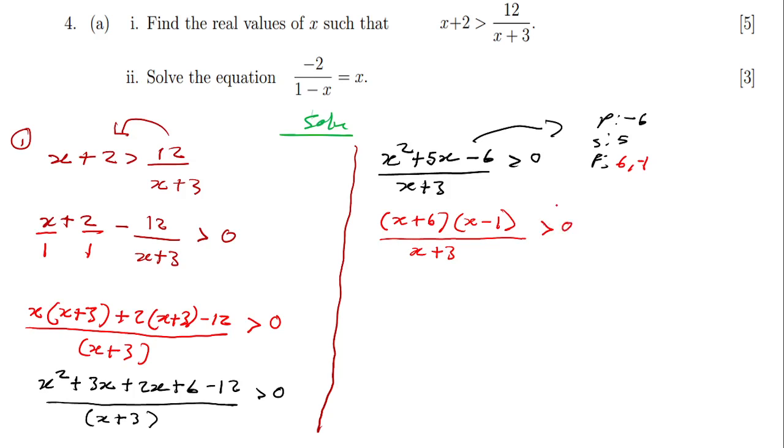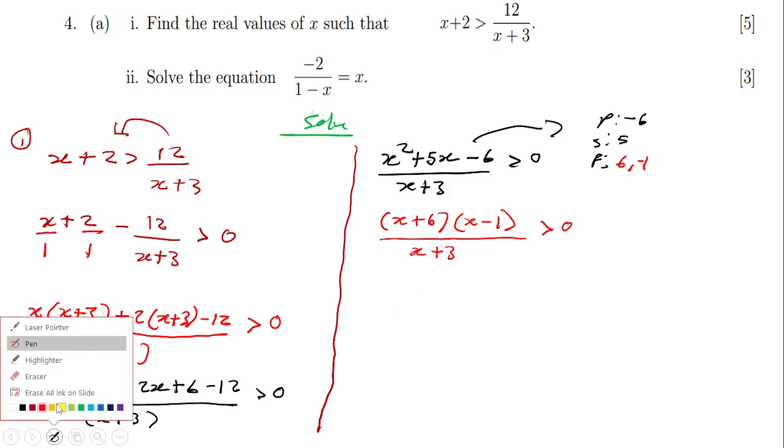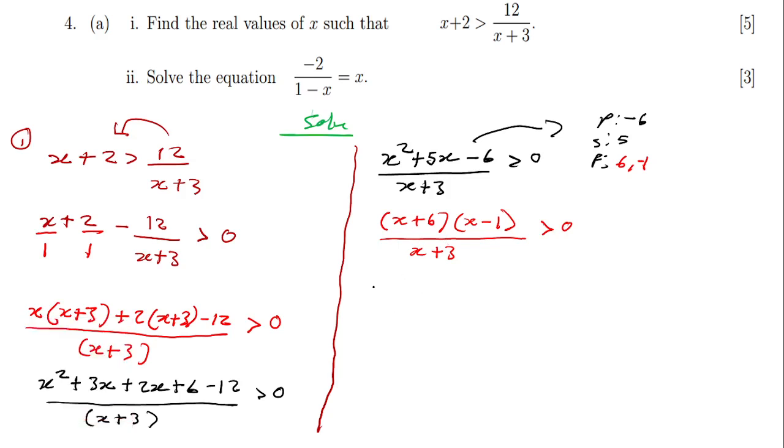When you reach this point, ladies and gentlemen, your next thing to do is to simply look for the critical points, the CPs. So what are your critical points in this particular case?